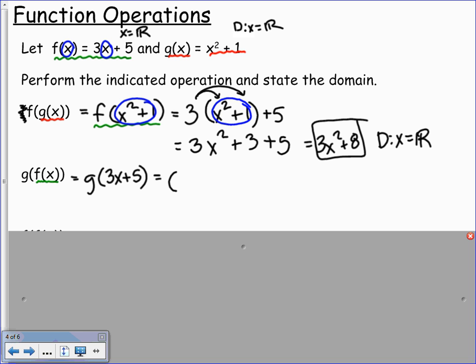So g of x would normally be x squared, but now it's going to be 3x plus 5 squared, because I'm kicking out the x that was there, and I'm plugging in the function f of x, which is 3x plus 5. So all I did right there was substitute in for that x, and then I have to finish the rest of the equation. So there's a plus 1.